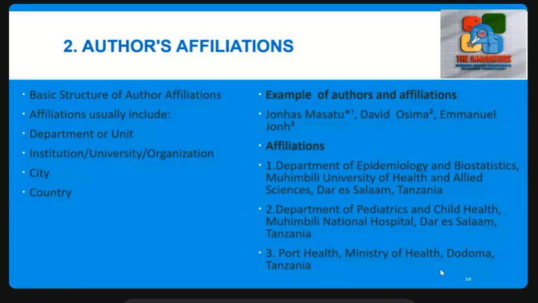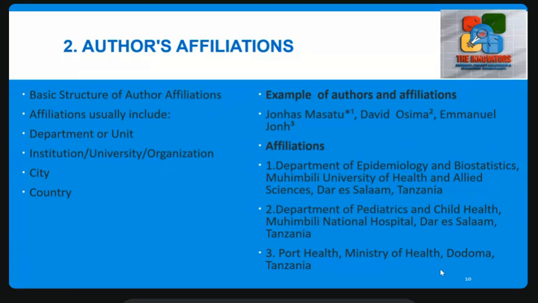Take an example from the paper done by Jonas Masatu, with corresponding author David Osima and Emmanuel John. You see how the affiliation is written: Mr. Jonas Masatu, the corresponding author in this paper, is from the Department of Epidemiology and Biostatistics at Muhimbili University of Health Sciences in Dar es Salaam, Tanzania.